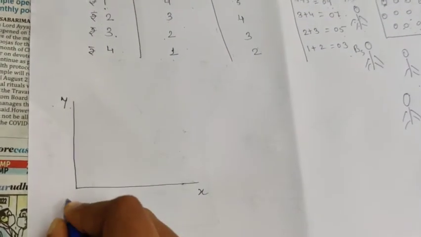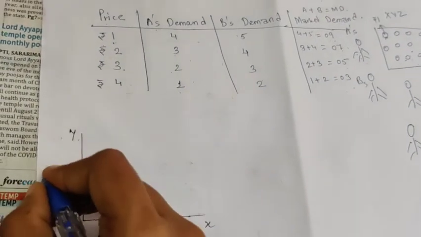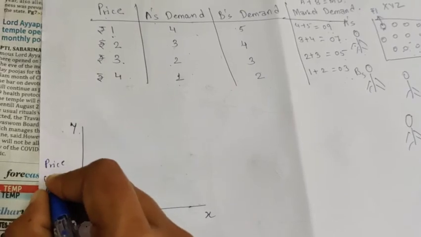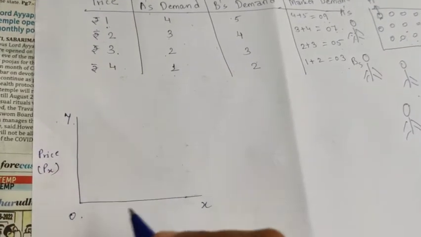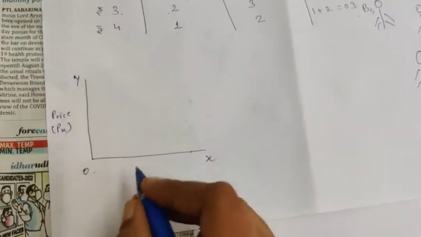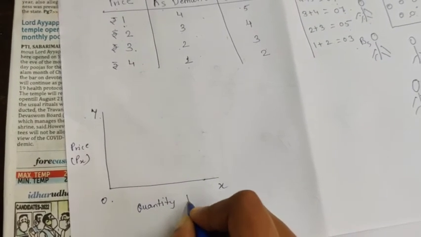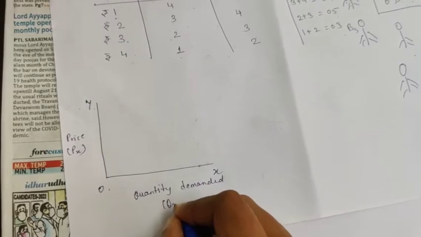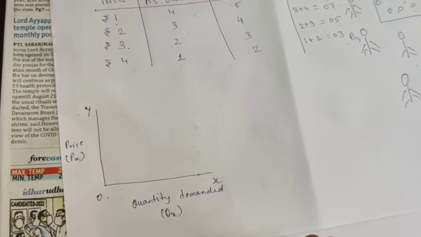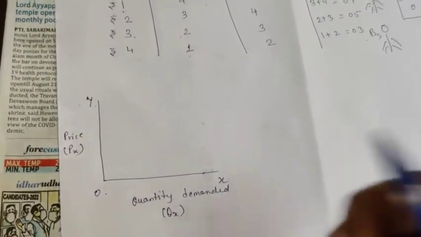Y-axis, x-axis, origin. Price on y-axis, price of X commodity. X commodity over here is your ice cream. Then we have quantity demanded, QX, quantity of X commodity, again of ice cream.